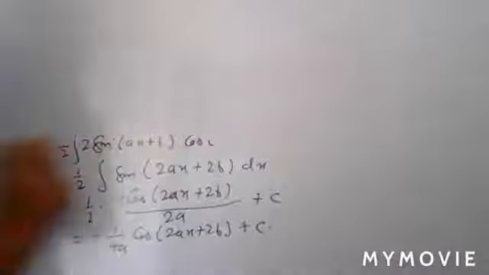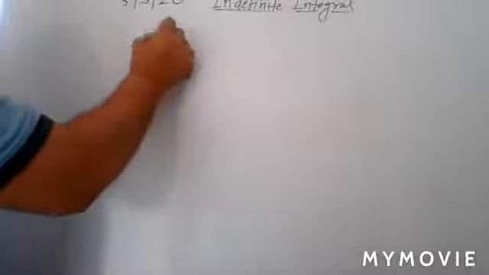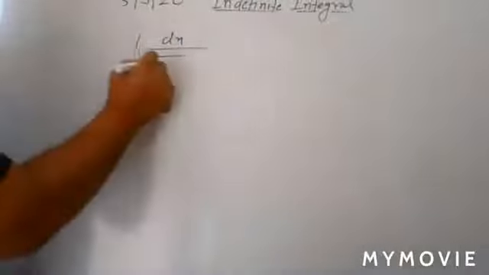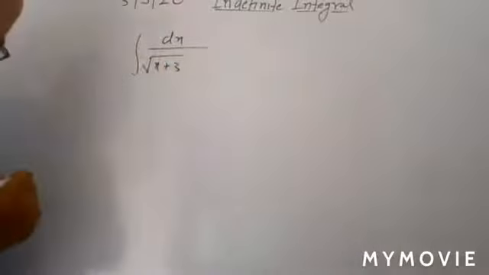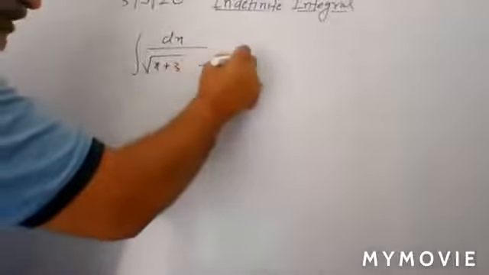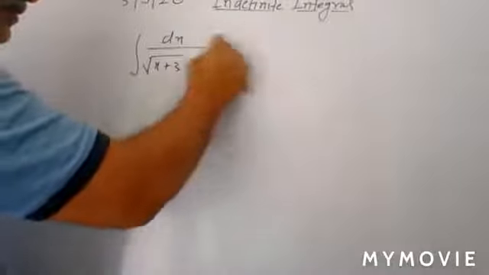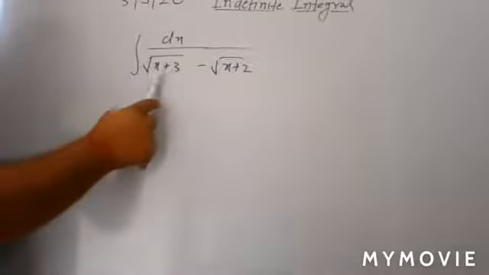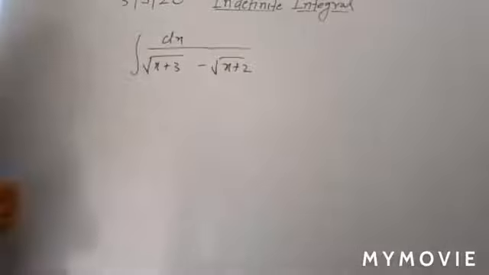Integration of dx upon (under root x plus 3 minus under root x plus 2). If such a type of expression is given, then first of all you try to remove all these radical signs.